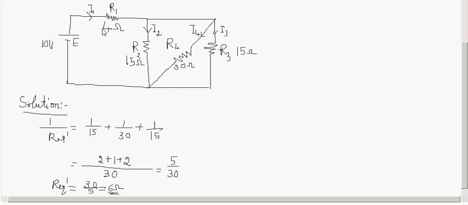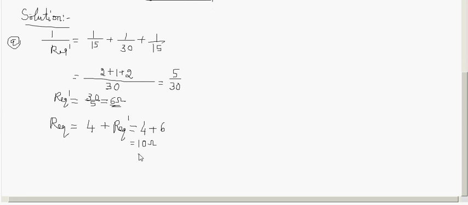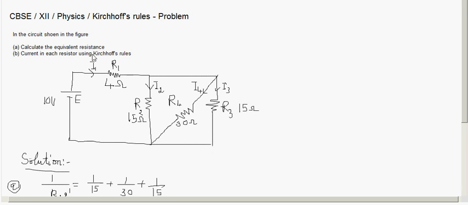Therefore total equivalent resistance R equivalent equals 4 plus R equivalent dash, because 4 ohm and R equivalent dash are in series. 4 plus 6, which is equal to 10 ohm. The answer for the first question is the equivalent resistance is 10 ohm.